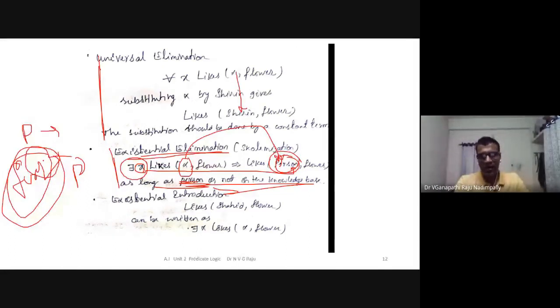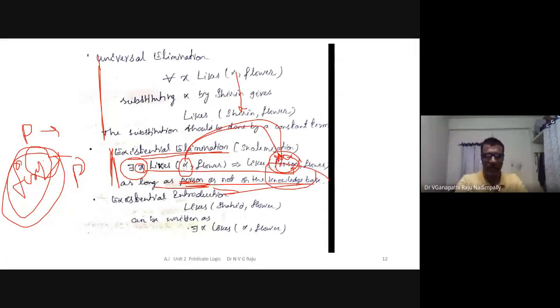Okay, here I need another 5 minutes to give more about the rules, which I will give in the coming slides. Till that time what you remember is wherever x is there, we are replacing it with a constant which is not available in the knowledge base. Please remember this point. I will try to introduce them in the next coming examples.